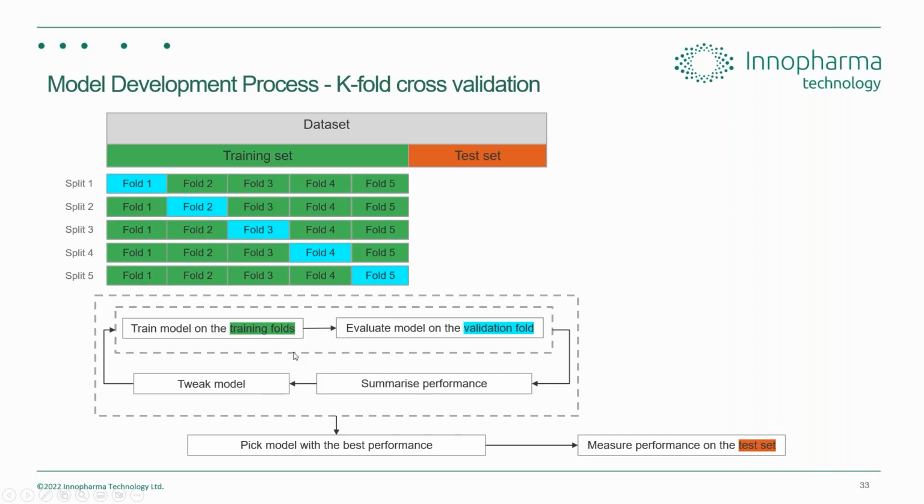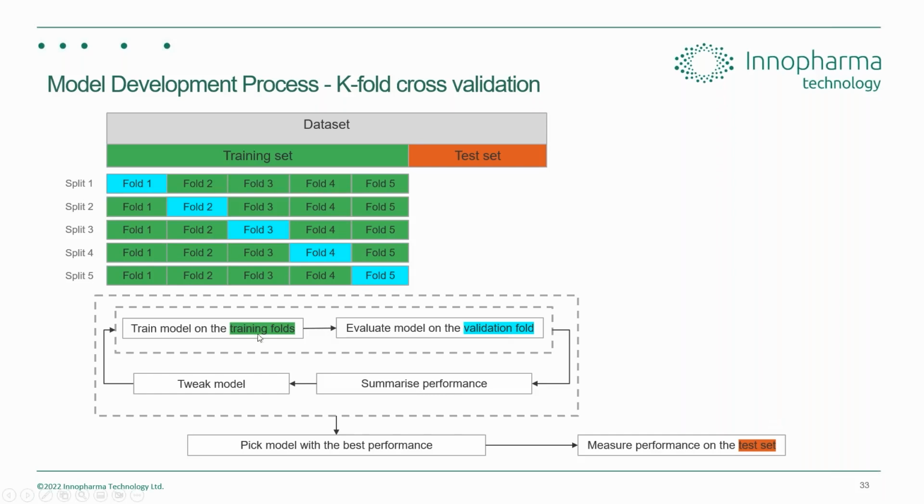This is done because there are certain settings in the network that have to be tweaked as part of the training process. And by keeping aside a portion of the training set as a validation fold, as it's called, we can train the model on the subset of the training set and evaluate the model on the validation set. And we can then see if the configuration of the network is good or not.